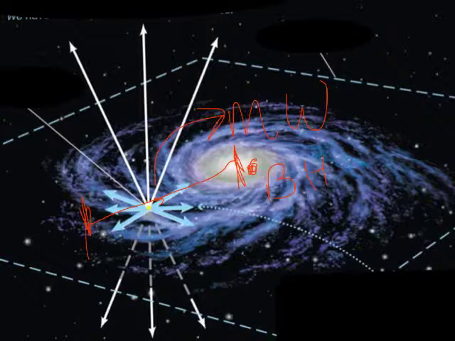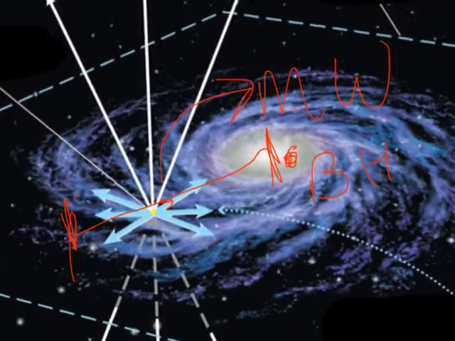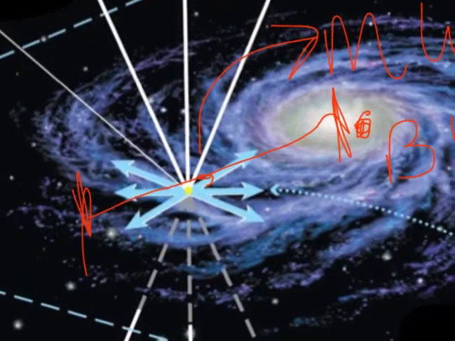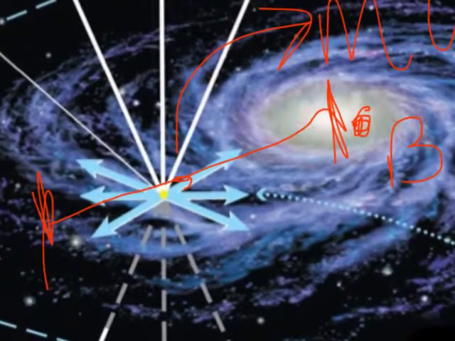So what these blue arrows are showing you is that, let's see if I can make this a little bigger to make my point. Okay, that yellow dot there is the sun. And then you have to picture all of the planets orbiting counterclockwise about the sun. So we see different parts of the Milky Way.